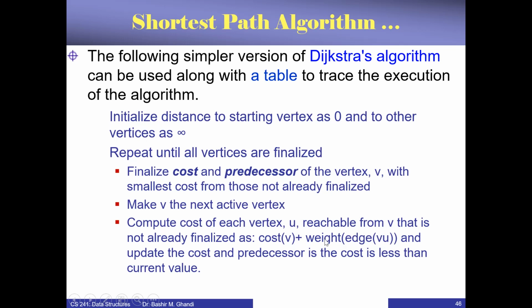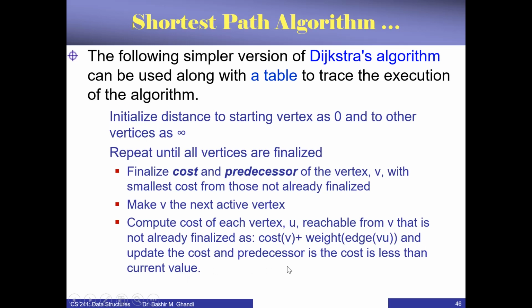If this sum is smaller than the current cost of reaching U, then you update the cost and also update the predecessor to be V. You do that only if this sum is less than the current value.